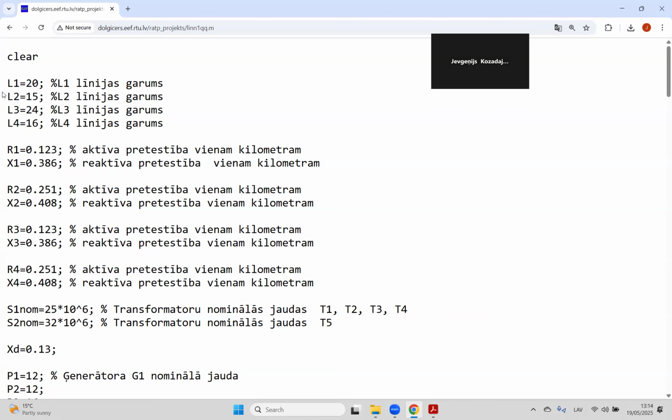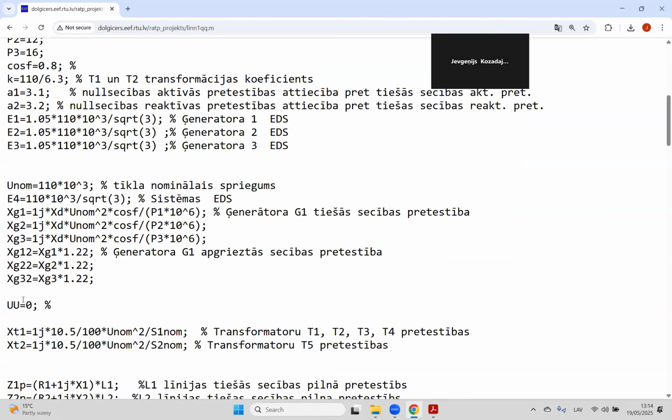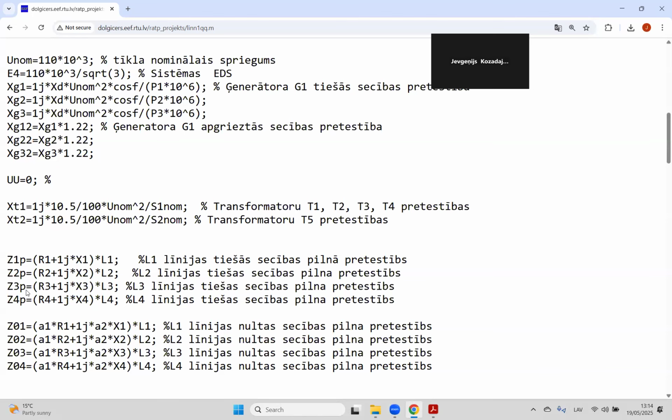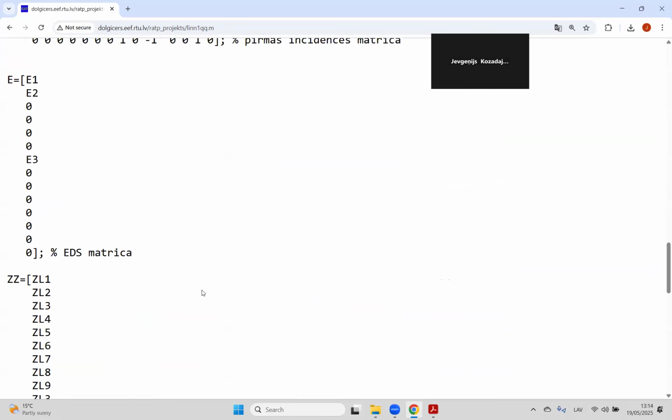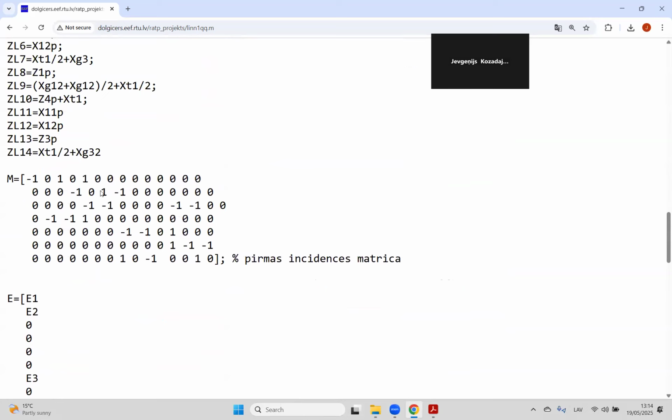What is more interesting and more complicated is next. Here it calculates the full impedance for the positive sequence and for the zero sequence, using all the values from the previous calculation. What is very important for you to know? Here we have 3 matrices.